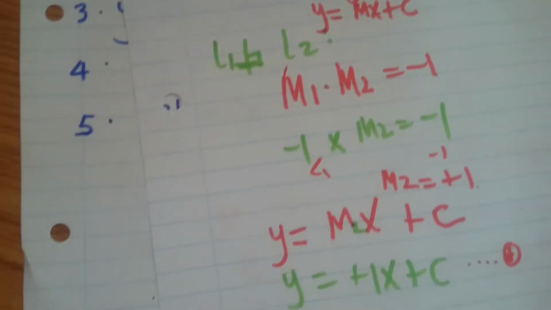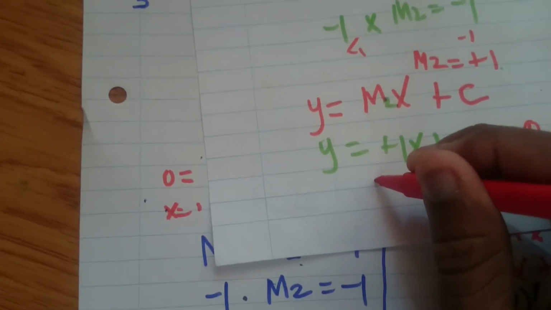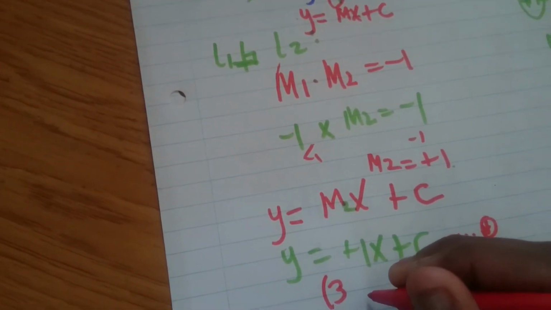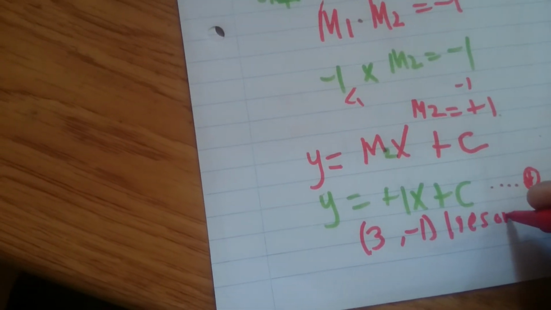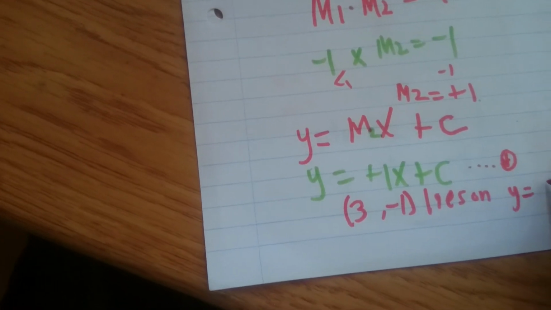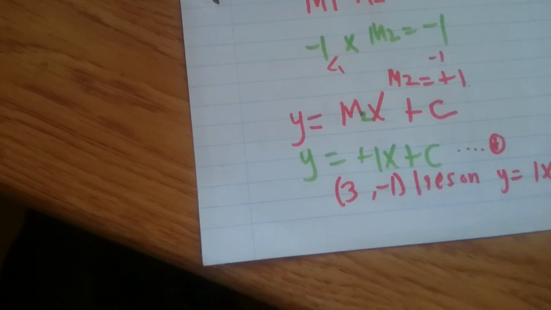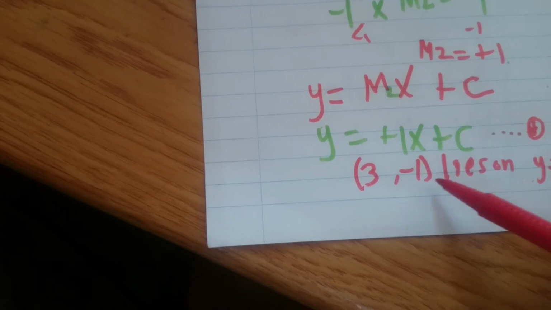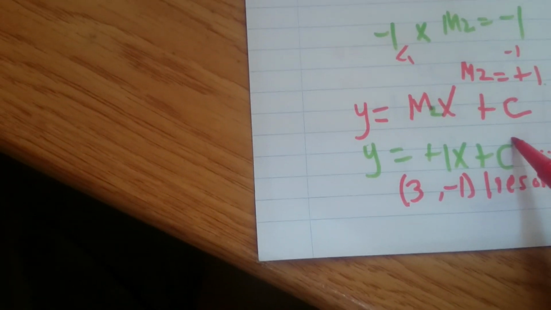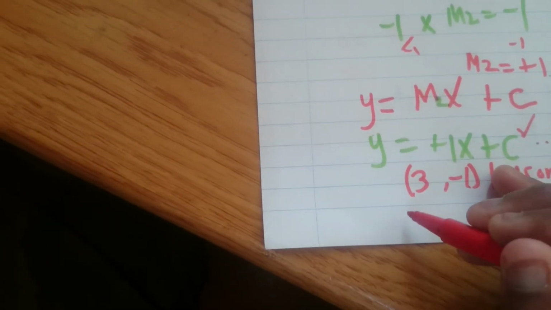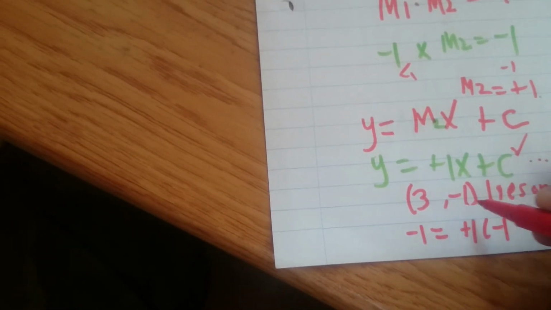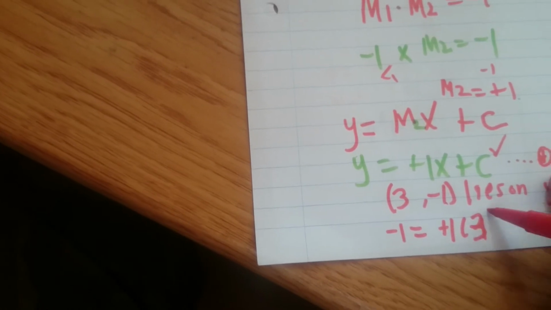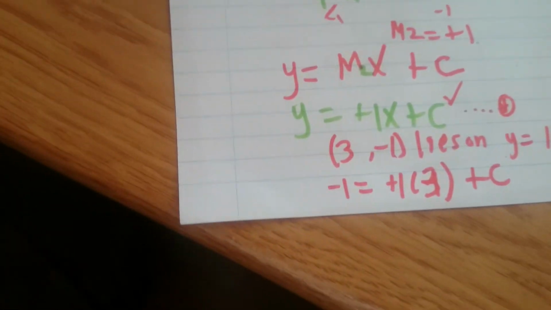So the point (3, -1) lies on y equals 1x plus c. We can substitute this coordinate in to get c. What is y? y equals negative 1. So negative 1 equals 1 times x, and x equals 3, plus c.